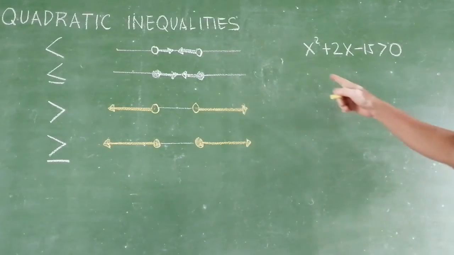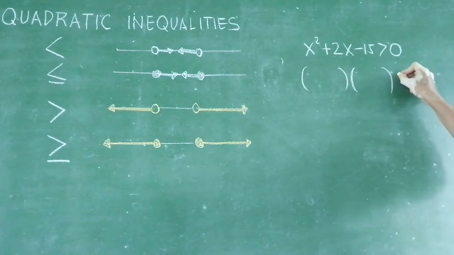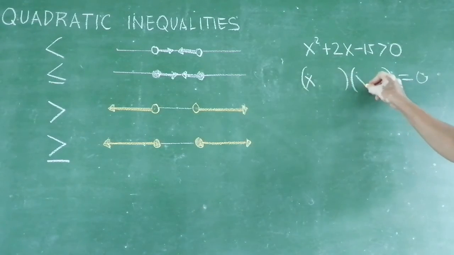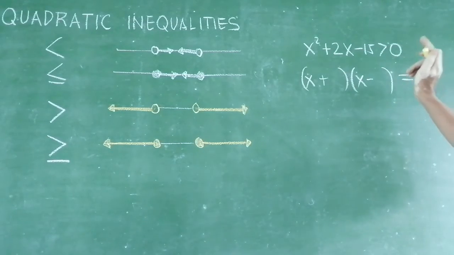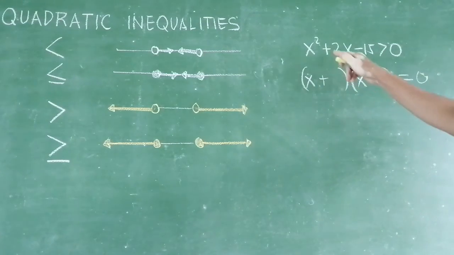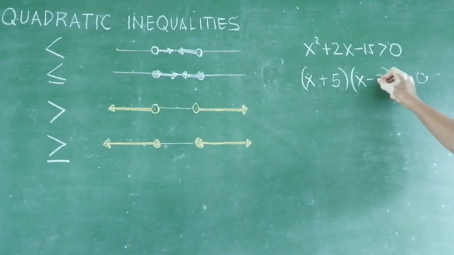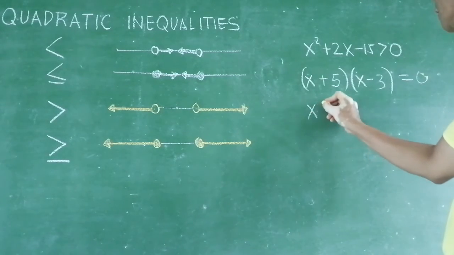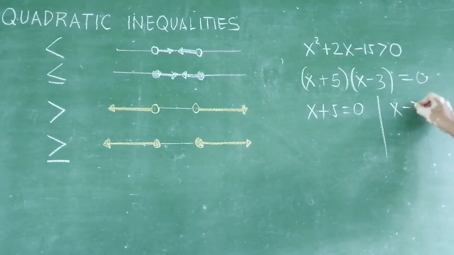First things first, we are going to factor this, and for the meantime, we equate to 0. So x here, x here. The minus here will be plus and minus. So think of factors of 15, and the difference must be positive 2, so it will be 5 here and 3 here. Okay, now we are going to solve x plus 5 equal to 0, and x minus 3 equal to 0.